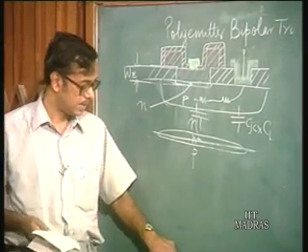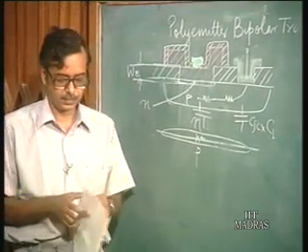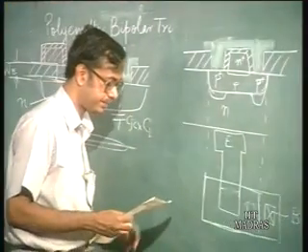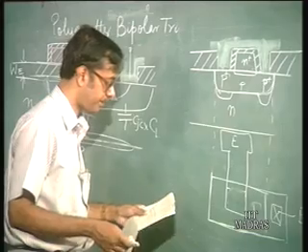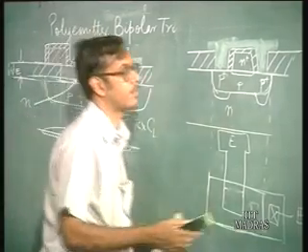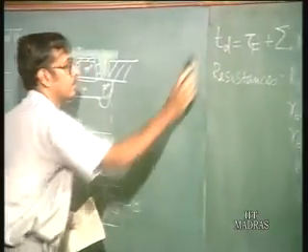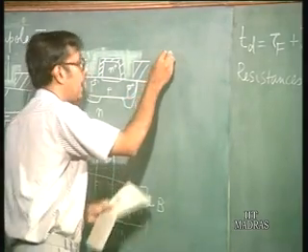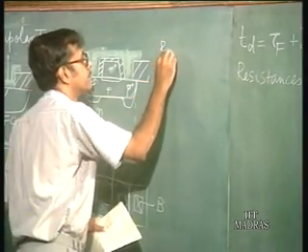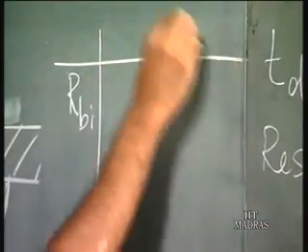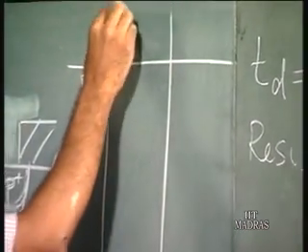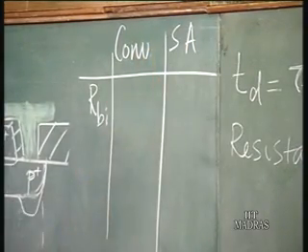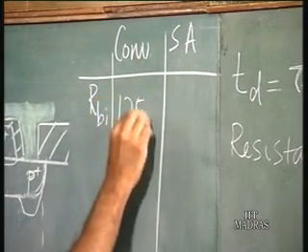Just to give you an idea of the values, see RBI, for example. This is conventional, this is self-aligned. Say it is 125 ohms for a particular process.